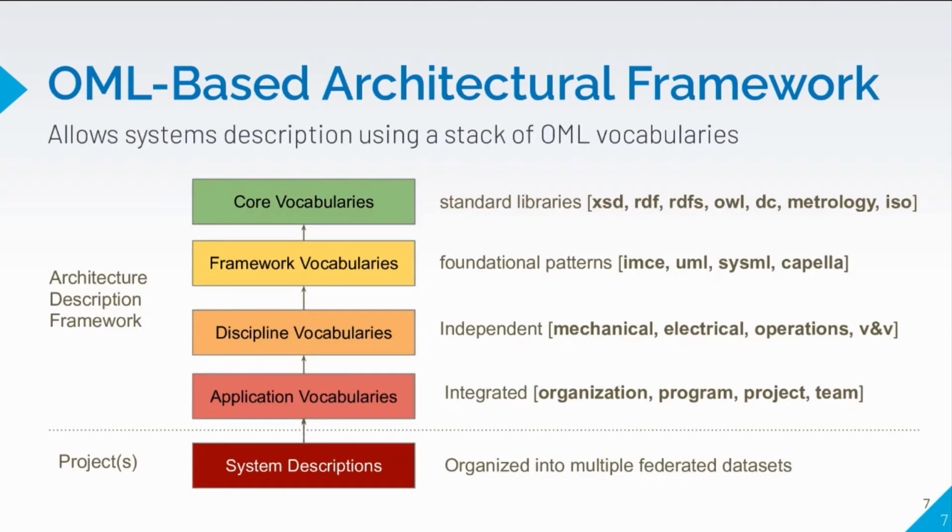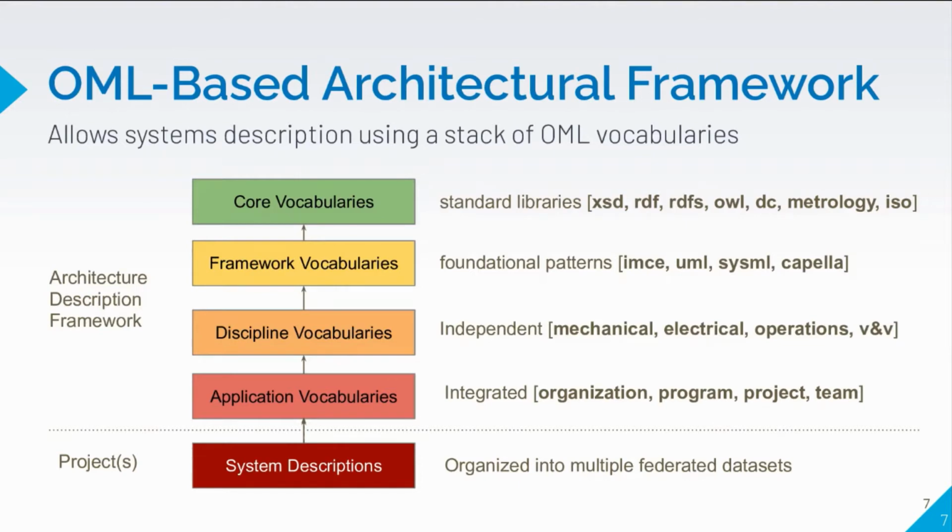Then on this foundation, you build your specific practice in systems engineering. For example, if you are modeling cyber-physical systems, you would expect to talk about mechanical aspects, electrical operations, V&V, integration, and all these concerns. You can model them with ontologies by specializing the foundational patterns.